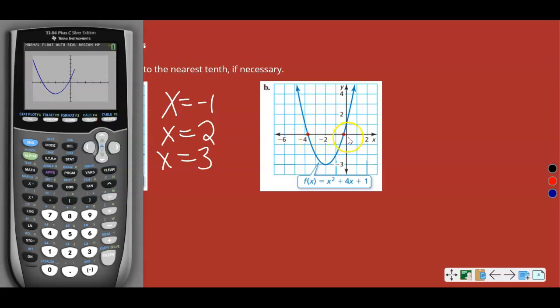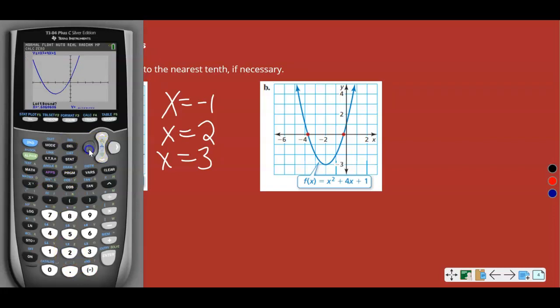It should graph in these same positions, and it did. Now, an easy way to figure out what the x-intercepts are is second calculate and go to intersect, or you could do zero as well. Let's try zero. We want to find the zero of the function.